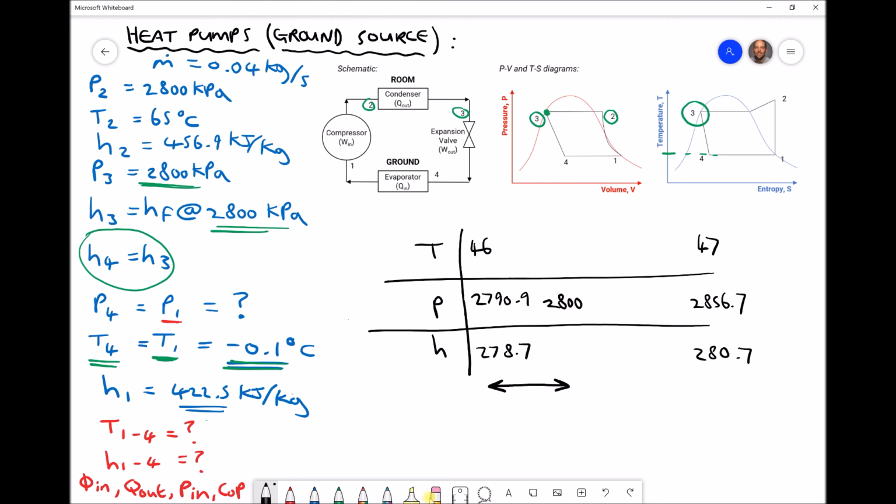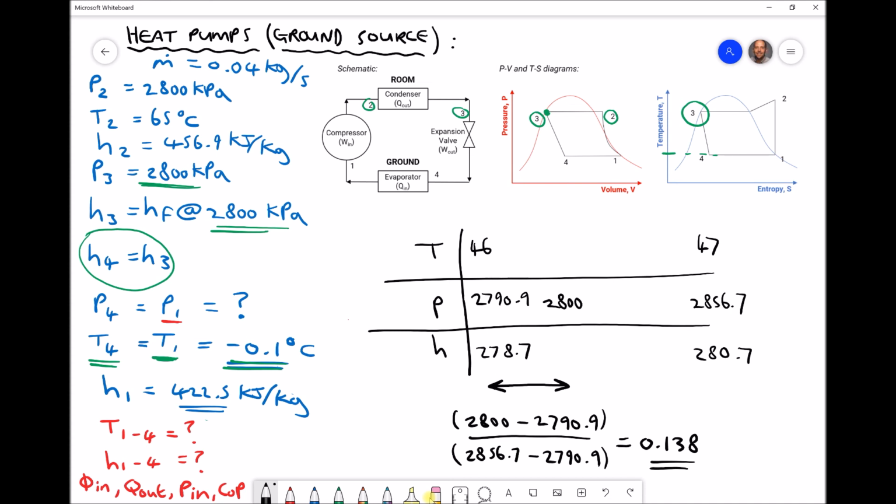Our shorter distance this time is 2800 minus 2790.9, and our longer distance is 2856.7 minus 2790.9. Calculating the value of that fraction gives us 0.138, accurate to 3 decimal places. So we know we're 13.8% of the way along that line.